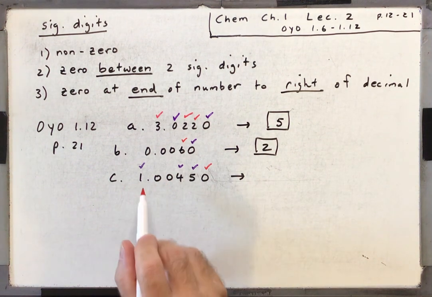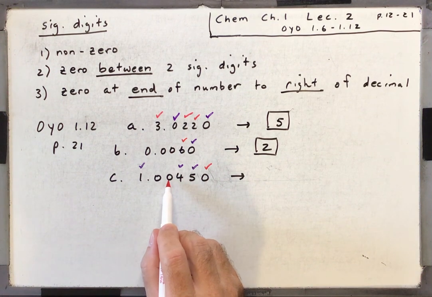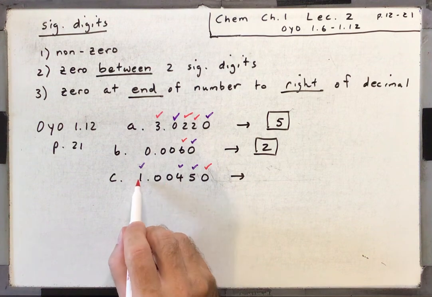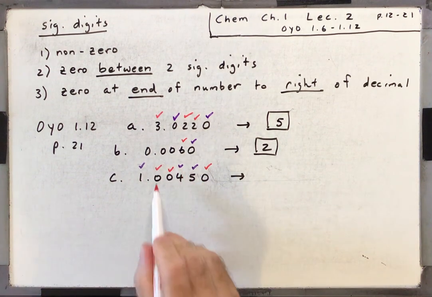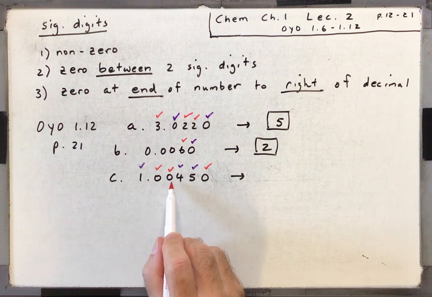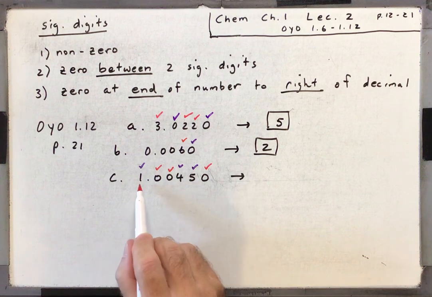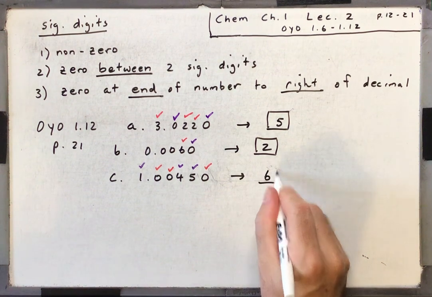Well, if there's a bank of zeros, multiple zeros in a row, and they are between two significant digits, then they are all significant. There could be 50 of these zeros in a row, but if they're between two significant digits, all of them would be significant. So in this case, our answer is 6. All 6 are significant.